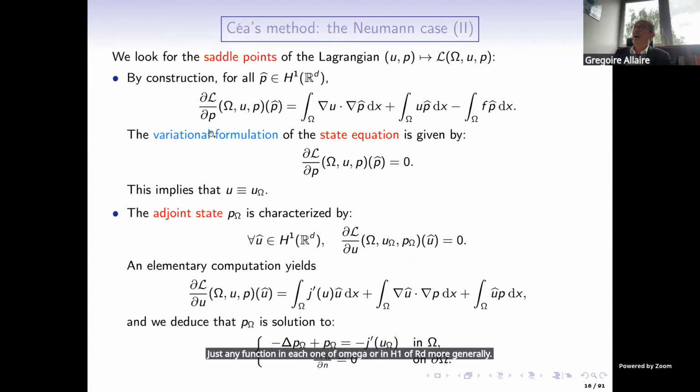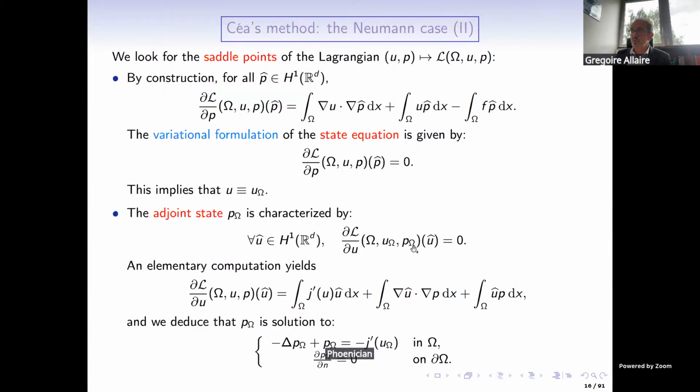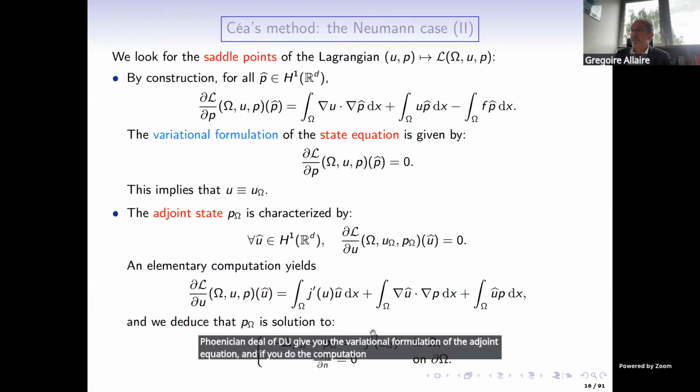As I told you, by definition, dL over dp gives you the variational formulation of the state equation, and dL over du gives you the variational formulation of the adjoint equation. If you do the computation, it's very simple. You get what you expect, the same type of PDE but with a dummy load, which is minus j prime of u, where j is the integrand of your objective function, and the same type of Neumann boundary condition.